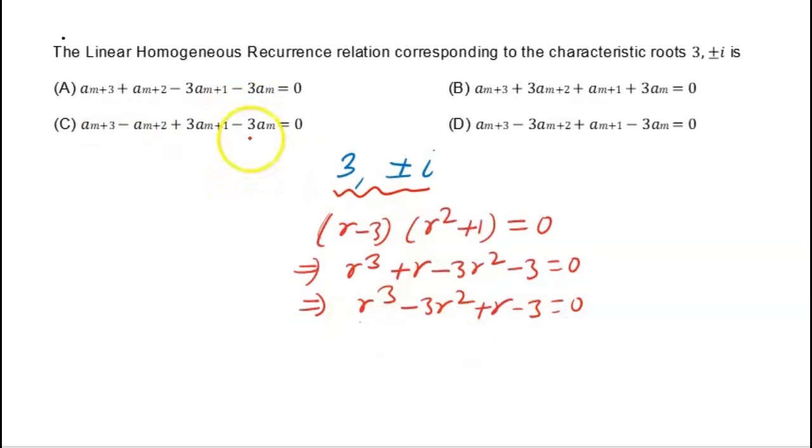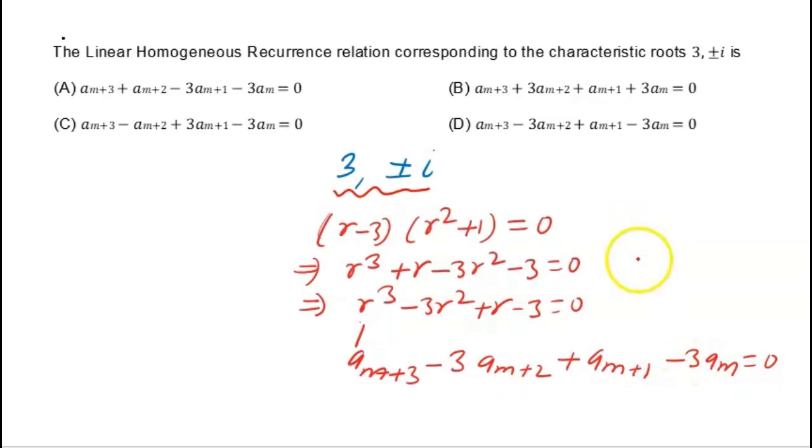They are writing the answer in terms of m, so this gives a(m+3) - 3a(m+2) + a(m+1) - 3a(m) = 0. Which option is correct? D? Okay, good.